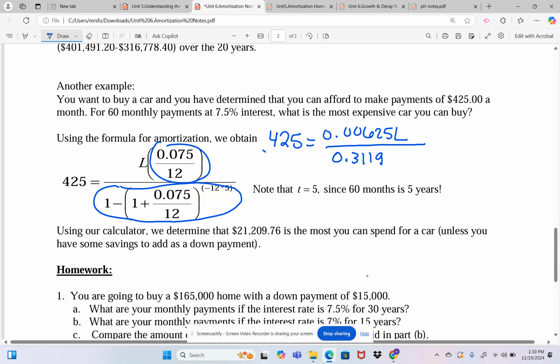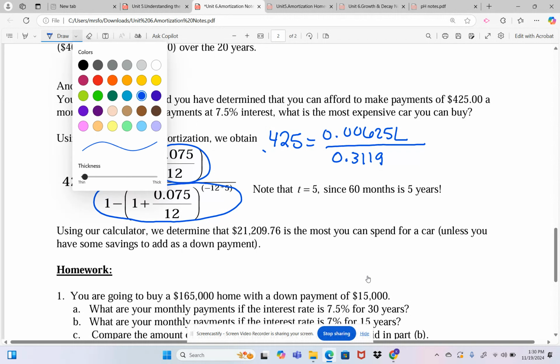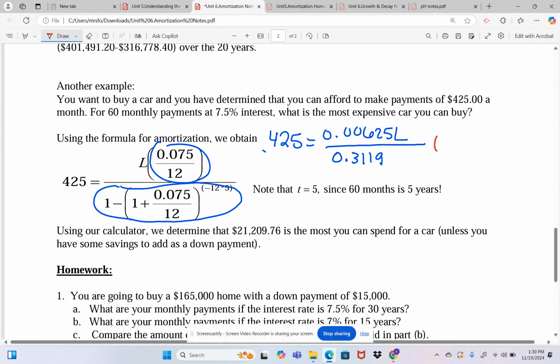So now we can solve this for L. To solve it, we would multiply both sides. And so 0.3119 times $425.